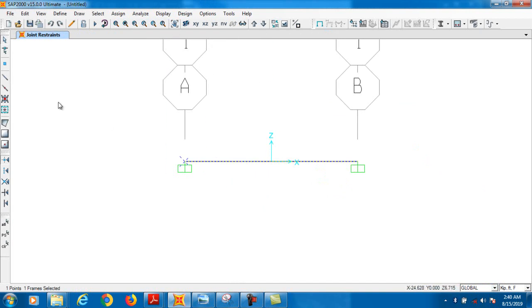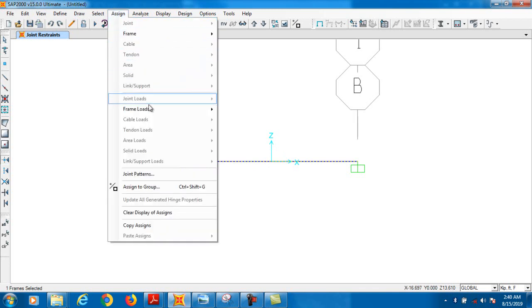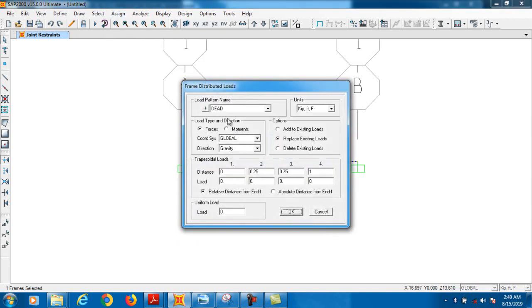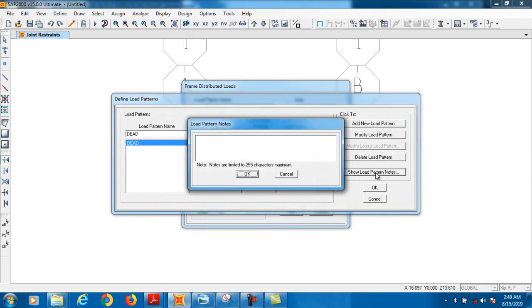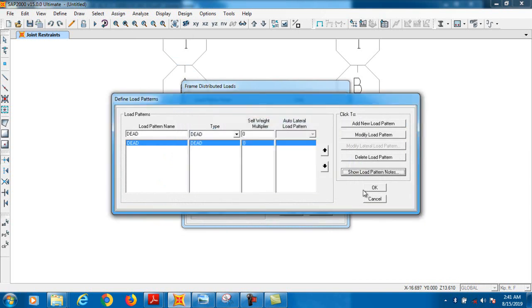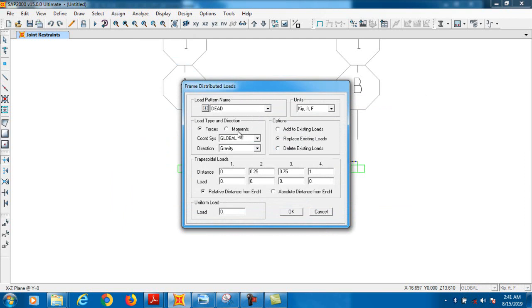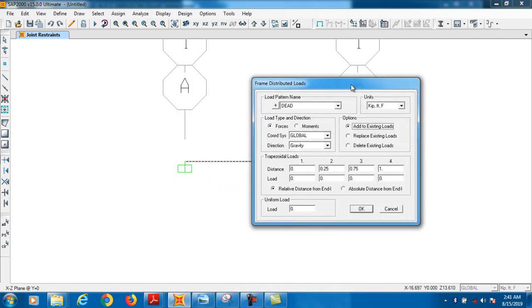Assign the loading to the half span. Clear? Frame loading, select distributed load. Make sure this is 0. Modify. The kip feet option should be selected. You can select this one because before assigning this load you didn't apply any loading.